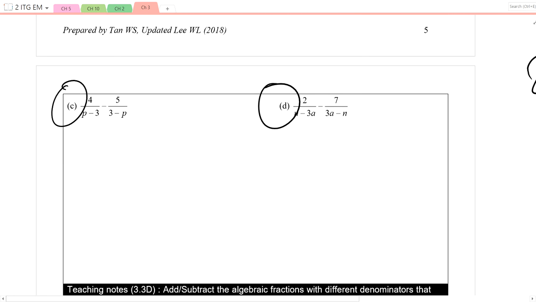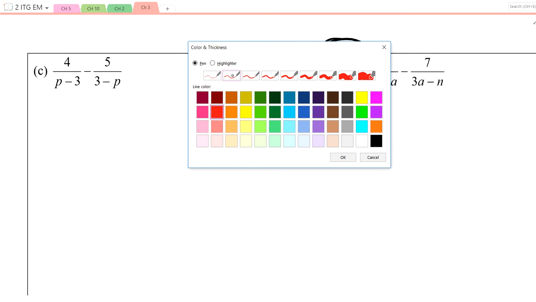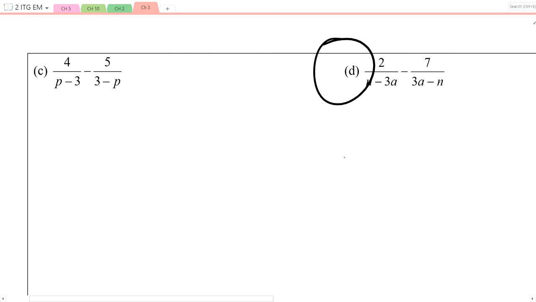Okay, so part C now. So I'll use my little shortcut that I've discovered. This gives me 4 over p minus 3. And for the other fraction, what do you want the denominator to be? You want it to be p minus 3 as well, right?